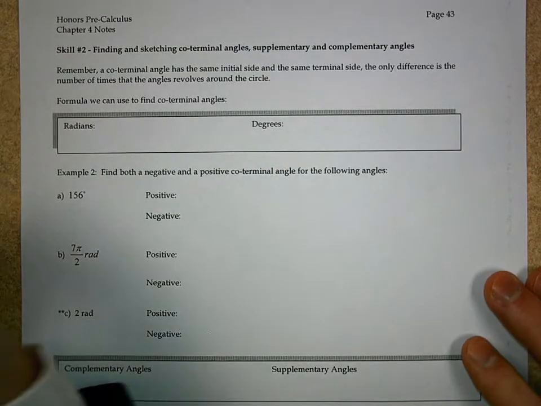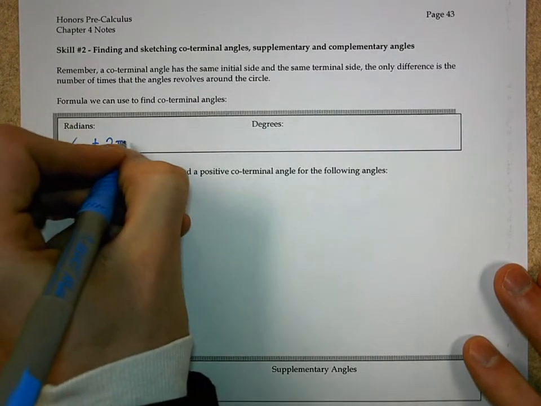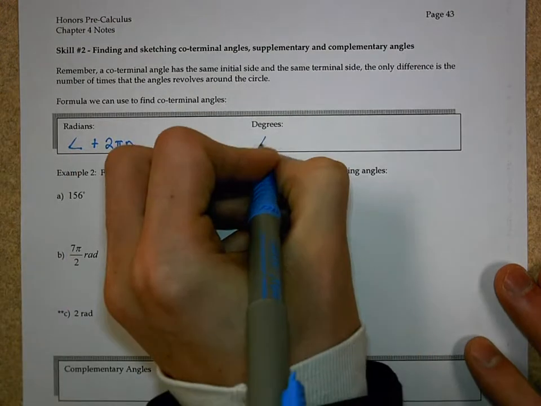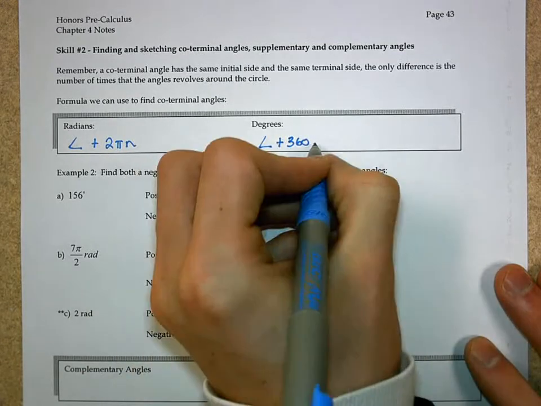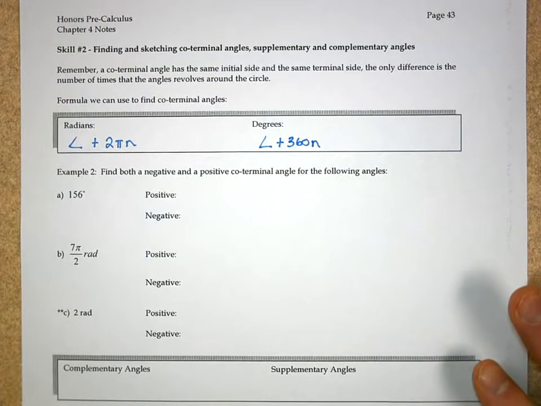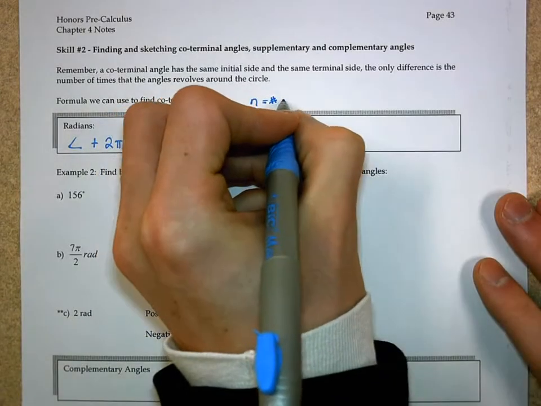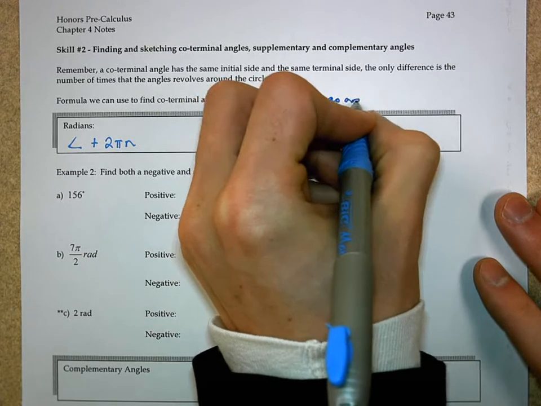The formula we're going to use is we're going to take our angle measurement and then add 2 pi n. If I'm in degrees, it's going to be the same setup, the angle measurement plus 360 n. And what n equals is the number of times we go around the circle.